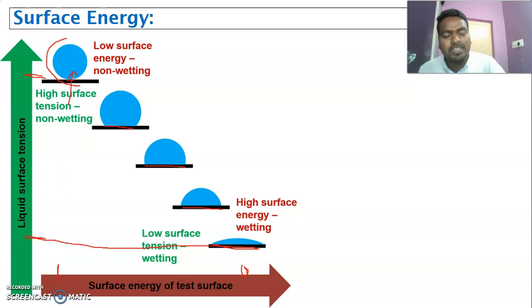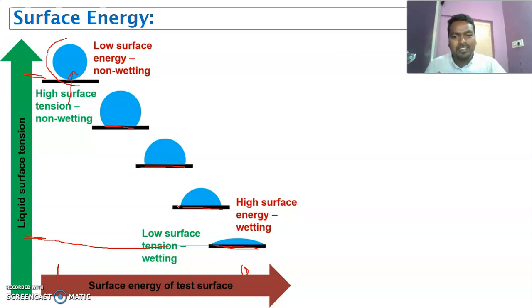If you supply the energy, the interparticle attraction decreases. As a result, surface tension decreases. If surface tension decreases, the capacity to occupy minimum surface area decreases. As a result, its surface area increases. That's why surface area is high here.